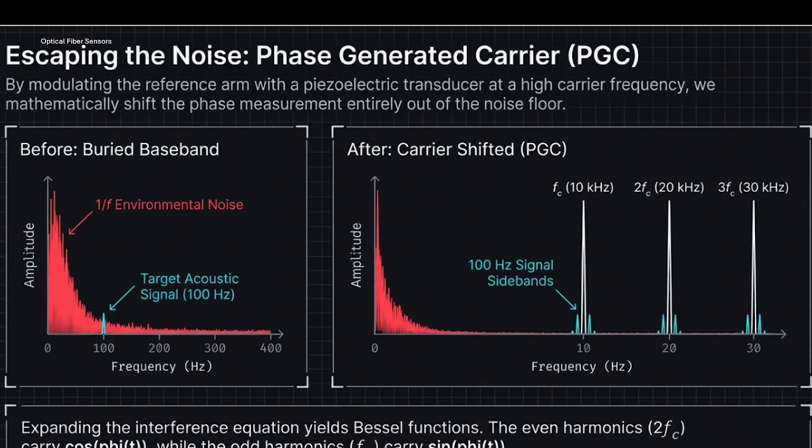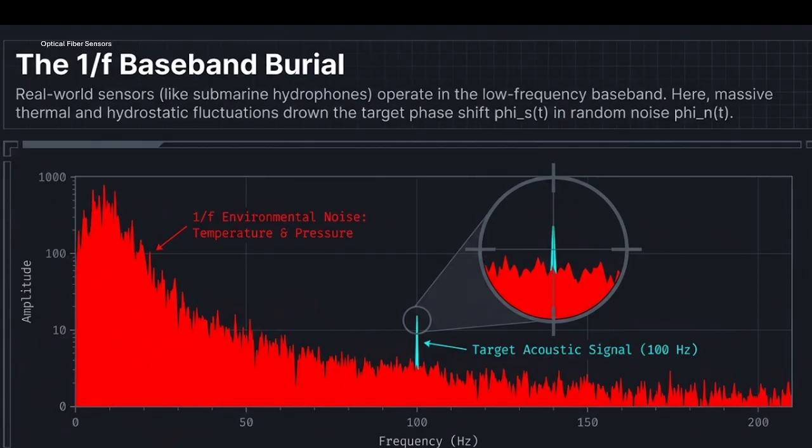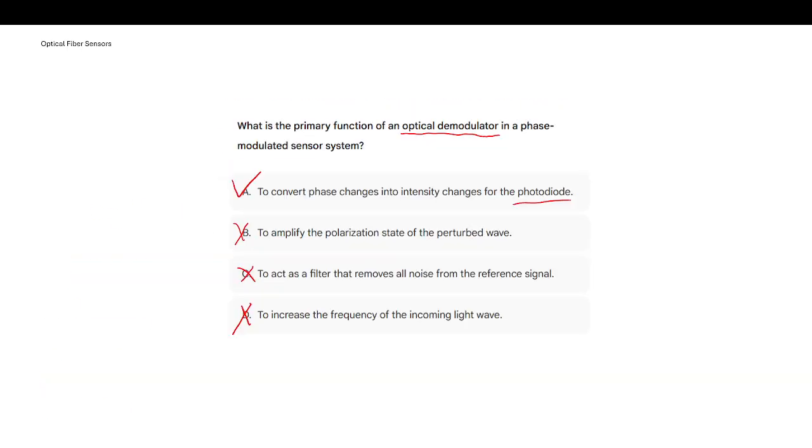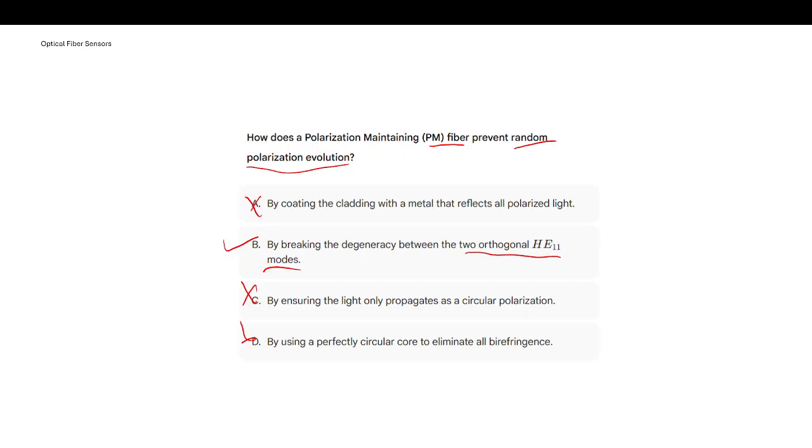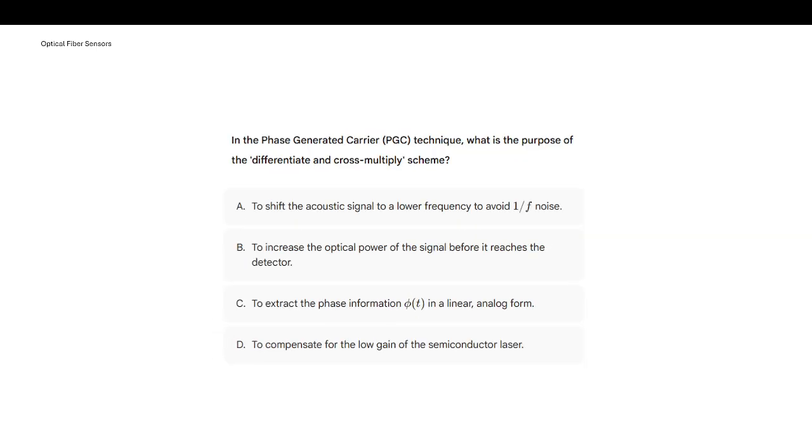So here PGC is different from the 1/f baseband. So you can correlate both with each other. So here, to shift the acoustic signal to a lower frequency to avoid 1/f noise, it's not the correct answer for this. So you are wrong for this answer, but previously you have done very, very good. Here the correct answer is option C.